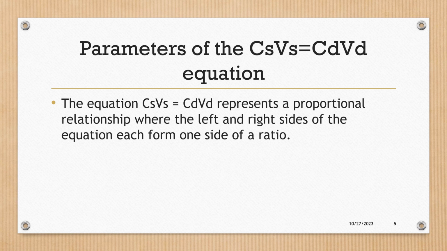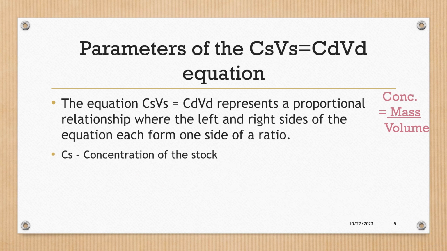Each of these sides forms a ratio, and it is dimensional in that you're looking at two things here, with the concentration being included, in terms of mass over volume. The other dimension, in terms of your V on both the right and the left side, would be the total volume for either the stock or the diluent that you are working with.